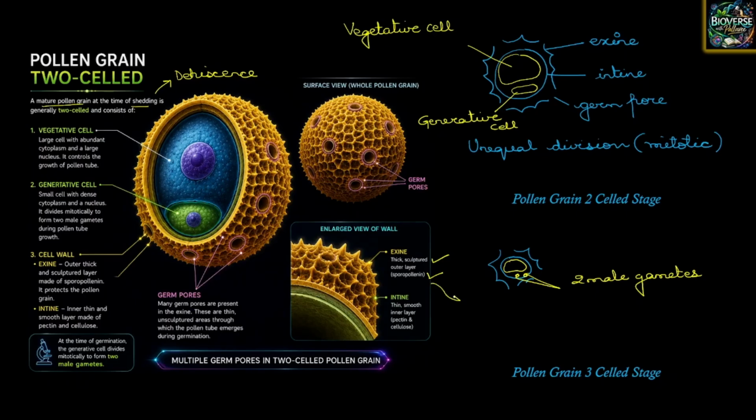Children, one very important thing about this sporopollenin is that since it is present in the outermost layer, that is exine, it is going to be a highly resistant material. What do you understand by being highly resistant? Highly resistant material refers to whether there is any change in the temperature, pH, enzyme, any kind of electrical shock, this is not going to be affected by it.